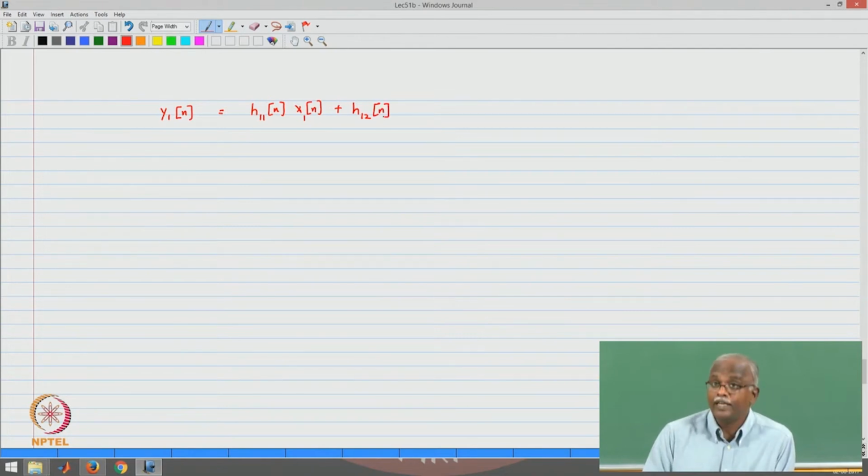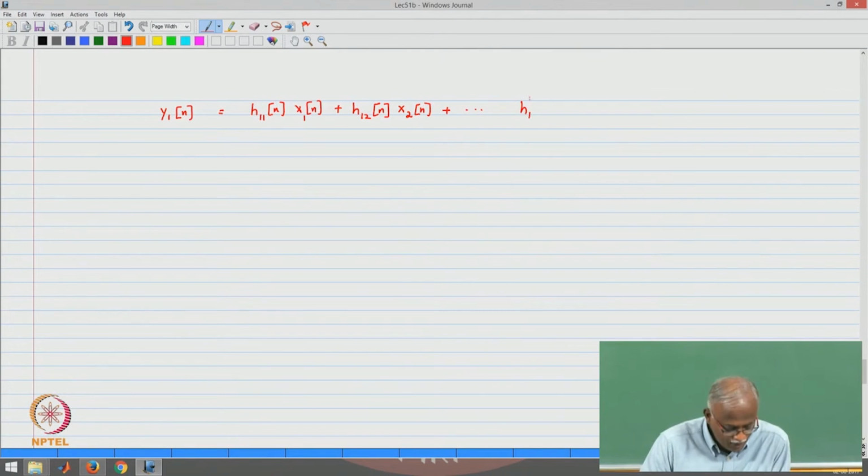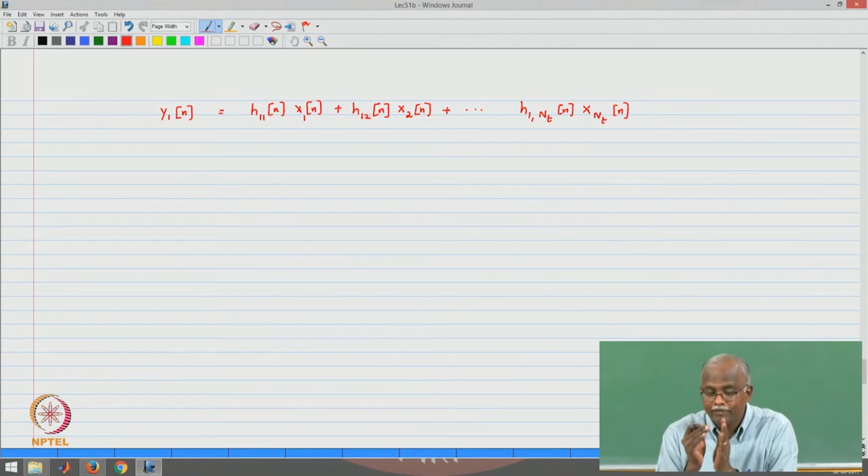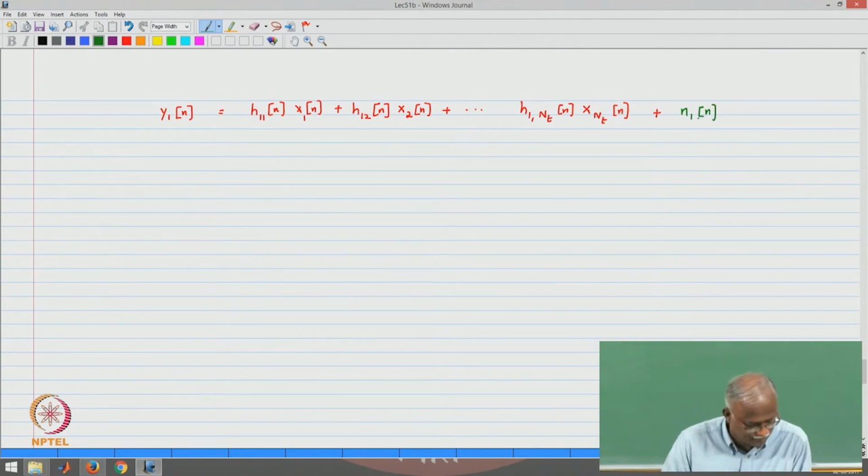The channel can be a time varying quantity. So, H12 of N times X2 of N plus dot dot dot H1 comma NT of N times XNT of N. Notice that this would be the expression for the signal received by antenna 1, and as in all communication systems, each antenna adds thermal noise, which is reflected by a noise component given by N1 of N.